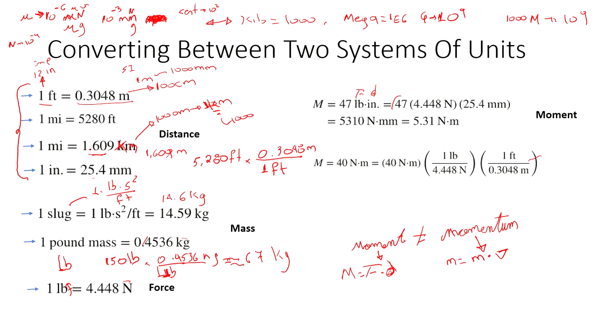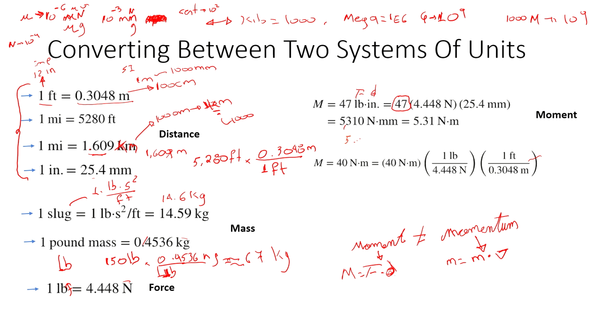The magnitude is going to be the same, obviously, but we just transfer that to Newton meters. So 1 pound is 4.448 newtons, and 1 inch is 25.4 millimeters. If you multiply these three things, you're going to get 5,310 Newton millimeters. Or you see that you can do a kilo here because you have 1,000.